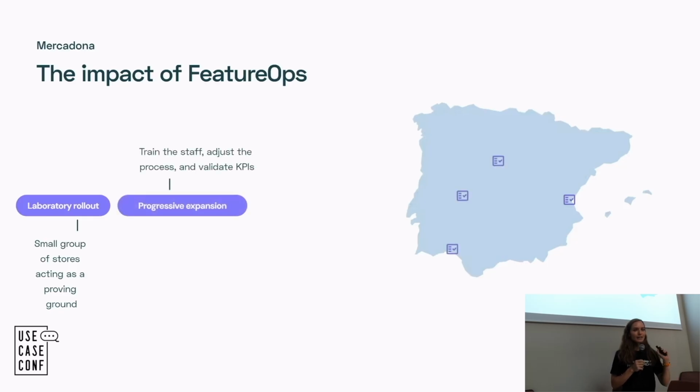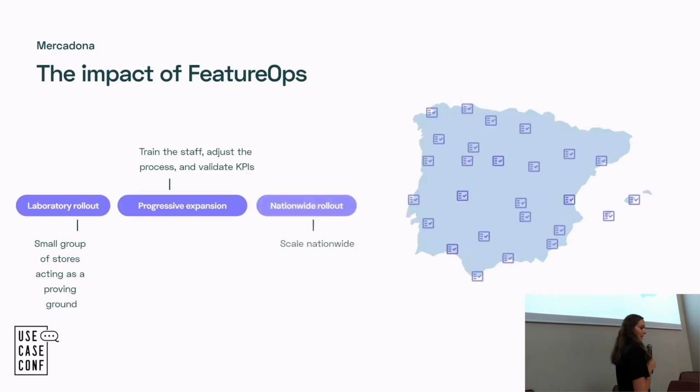And then they move on to what they call the progressive expansion. And that means that they start training the staff in the warehouses, they measure their KPIs, they validate against all of the things they care about. And only when things are looking good, then they enable region by region, store by store, and end up with their nationwide rollout. And yeah, this was a really massive change for them.